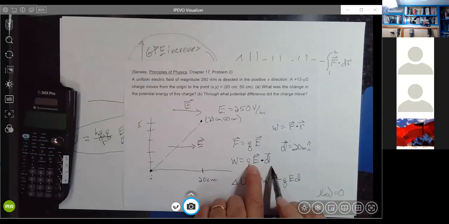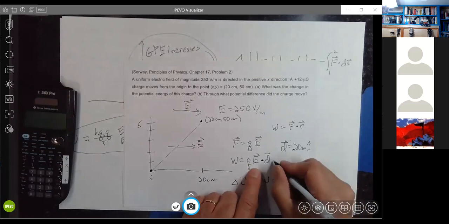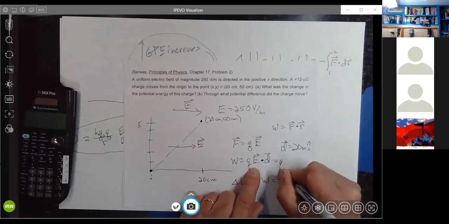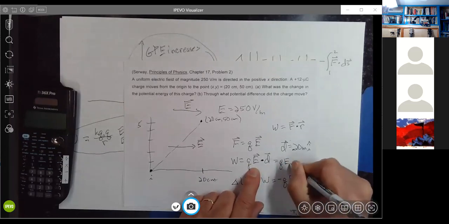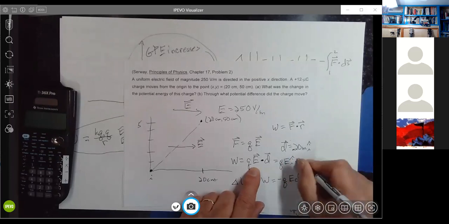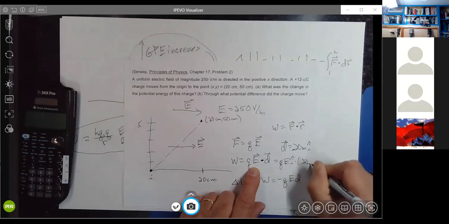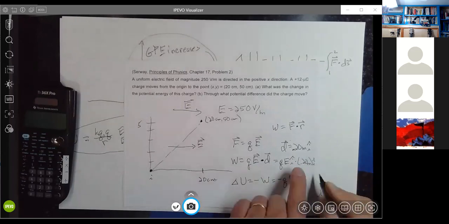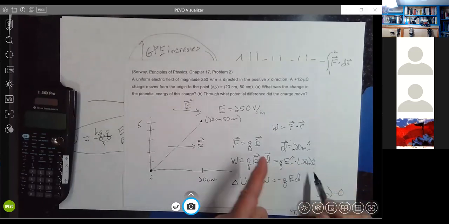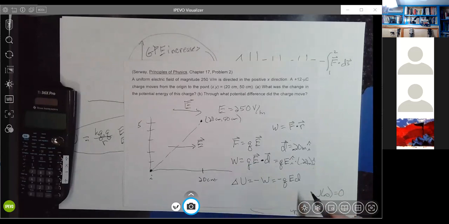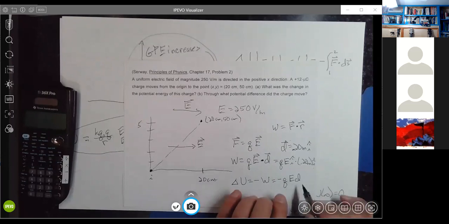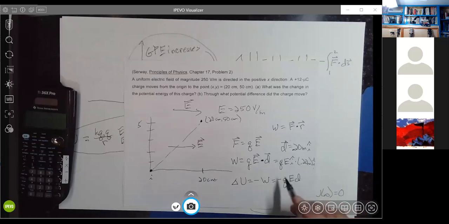E is in the i hat direction also, so for the work I'd have qE i hat dotted with 0.20 meters i hat, and i hat dot i hat is just 1. So it just ends up being minus qEd for a uniform electric field. That's something to be a bit careful with. You can't apply this if you've got a non-uniform electric field. It's not so simple. Then you have to integrate.